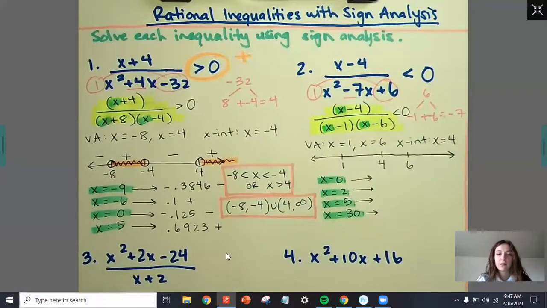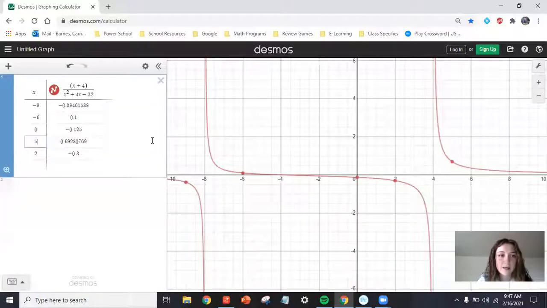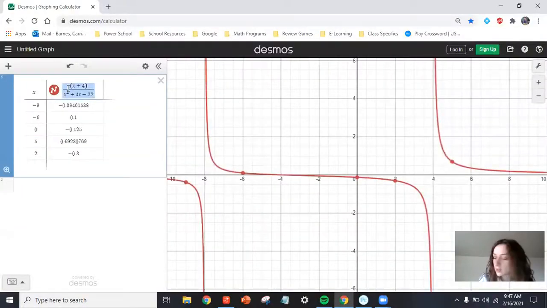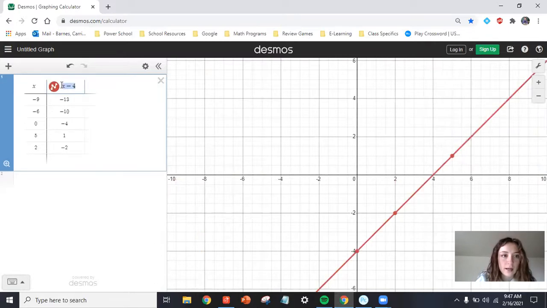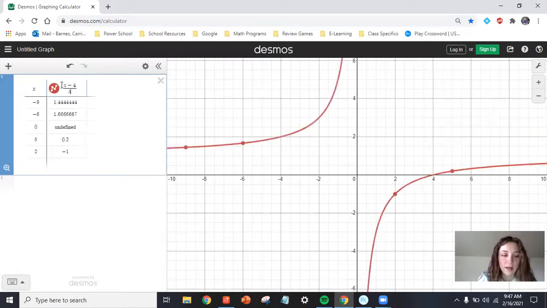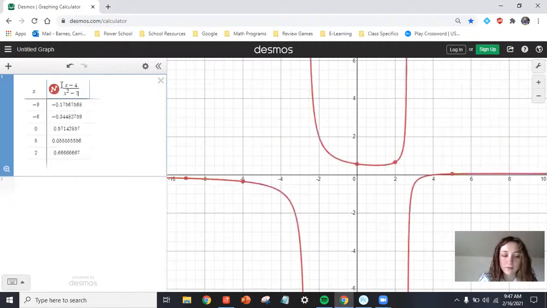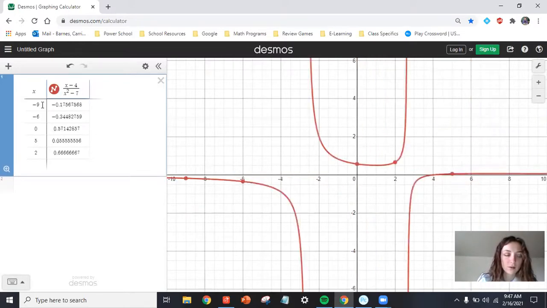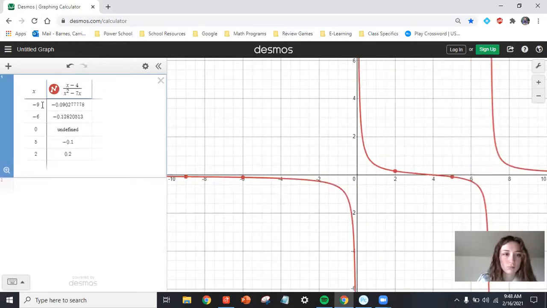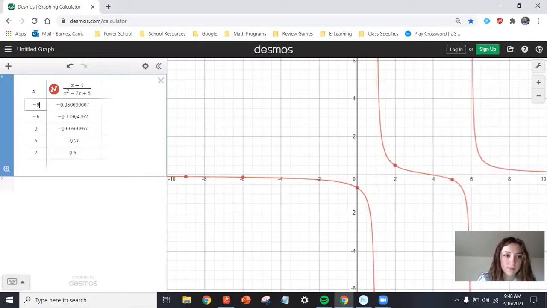I'm just going to use the table again, since that's nice and easy. I'm just going to delete what I had up here and replace it. Okay, x minus 4 divided by x squared minus 7x plus 6. And I'm going to plug in my points. My first one that I want to try is 0.